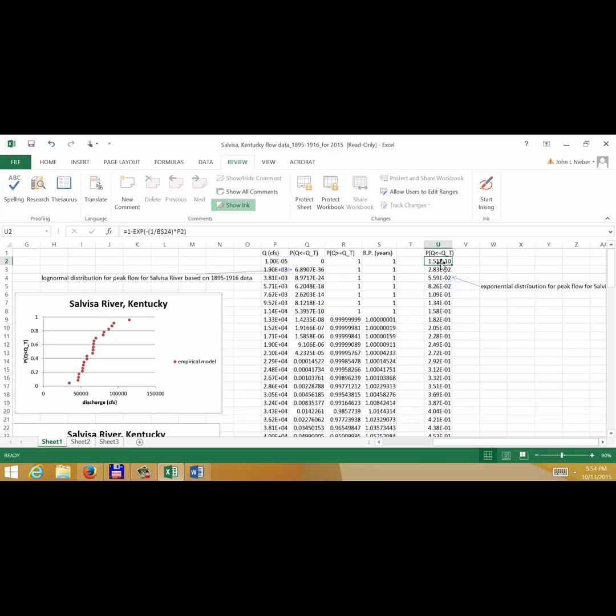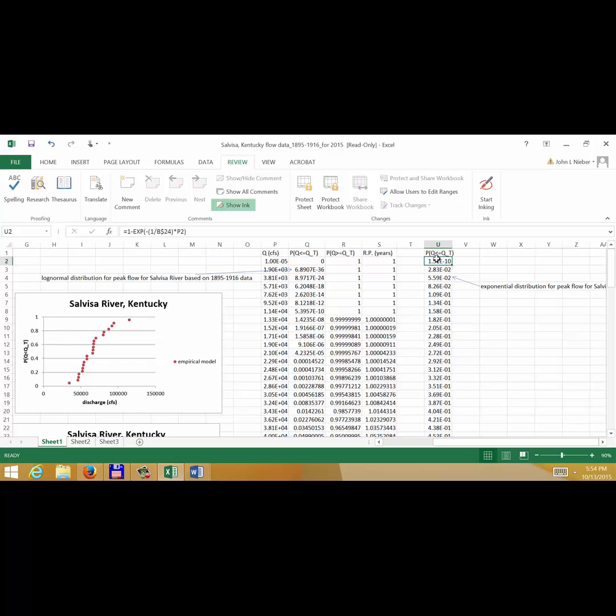I just put in the formula 1 minus exponential of minus 1 over B24 times the value of P2, where P2 is the selected value of discharge I want to evaluate the function for. The B24 from the bottom of the spreadsheet on the left-hand side was the mean of the sampled values of Q.